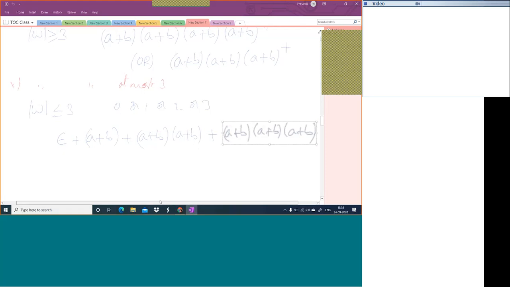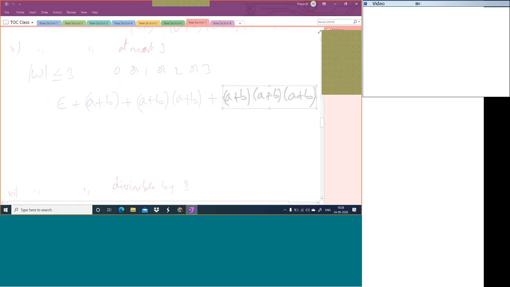Okay? You got it? This is the expression for length at most 3. Means 0 to 3. Can anybody give a better expression than this one?